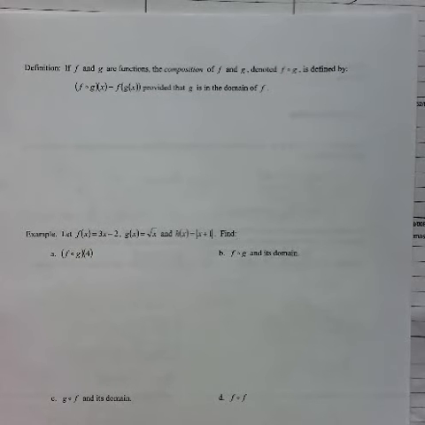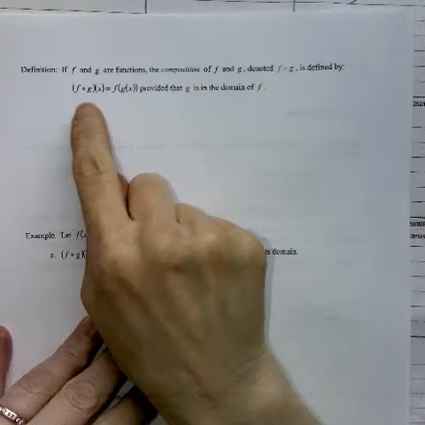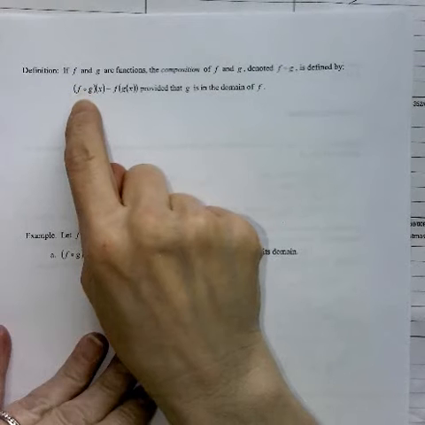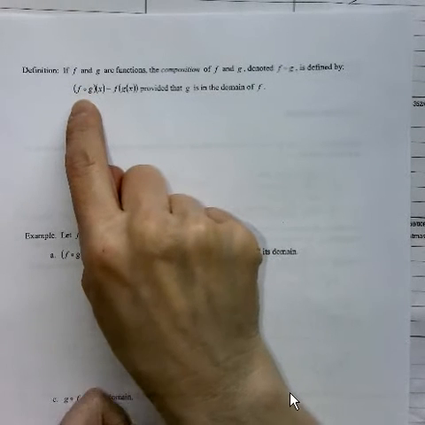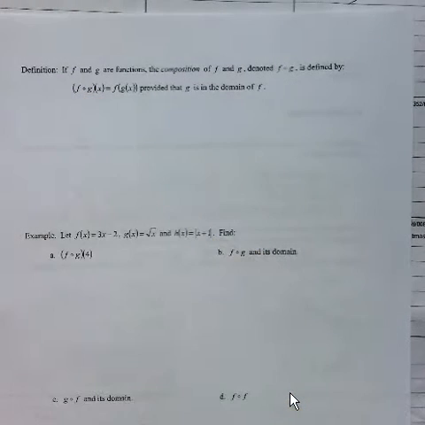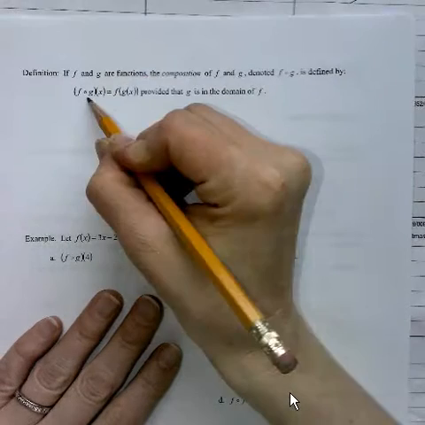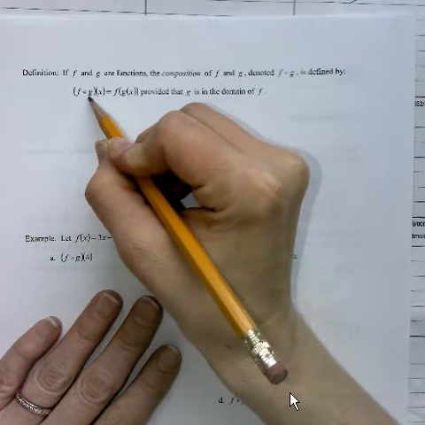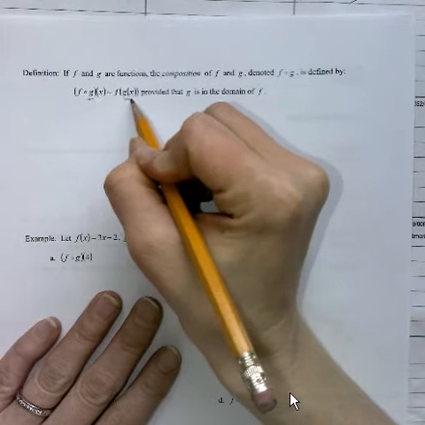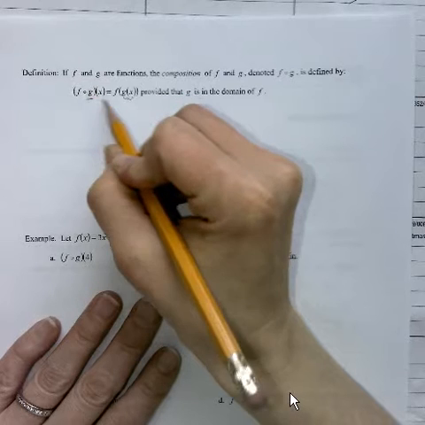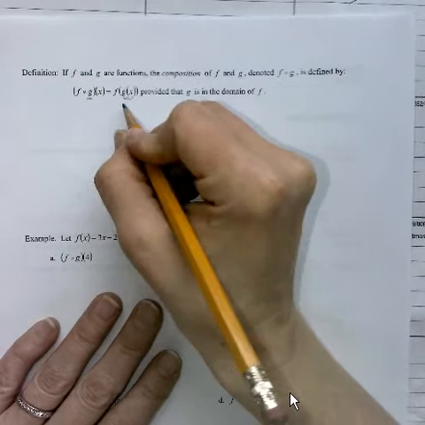So in the definition here, the notation is this open circle in between F and G. I'm going to use F and G. Of course, we can use other letters. It doesn't have to be F and G. What does matter is whatever function is on the right side is the one that ends up on the inside. The function on the right ends up as your input into F.